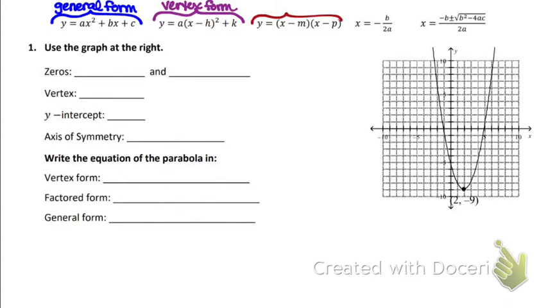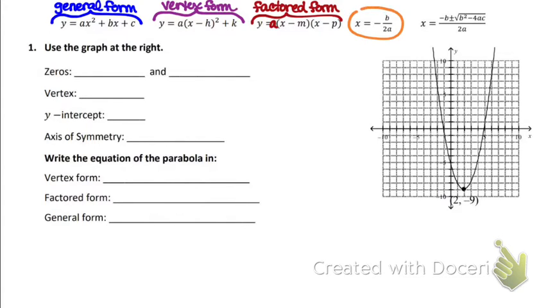Third one over, and it really should have an A right here in front. This is your factored form. So those are our three forms for quadratics.